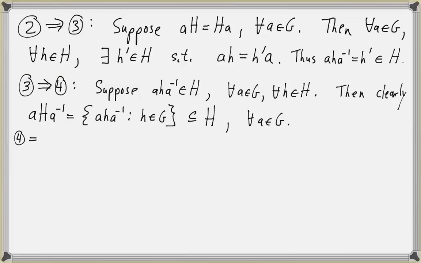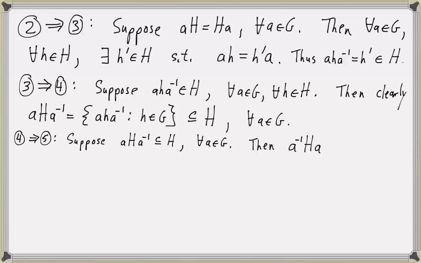Next, we'll show that 4 implies 5. So again, we're going to suppose that a⁻¹Ha is a subset of H for all a in G. Then I can write the conjugate of H by a⁻¹ as aHa⁻¹, which equals (a⁻¹)⁻¹H(a⁻¹).